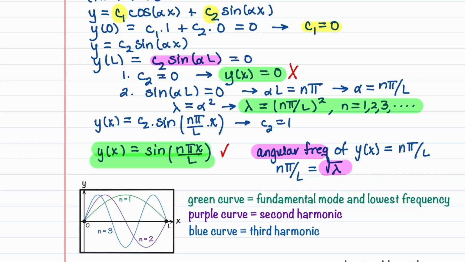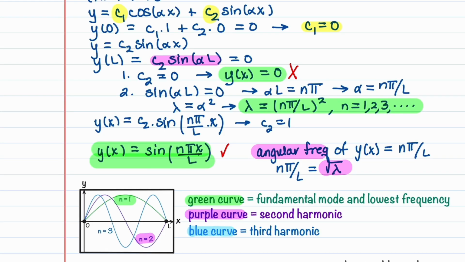Let's now see what these eigenfunctions look like. In the green curve down here, I've plotted the solution y is equal to sine of pi x over L because n is equal to 1. This is called the fundamental mode, and it is the lowest frequency of vibration. The purple curve is when n is equal to 2, and this is called the second harmonic.